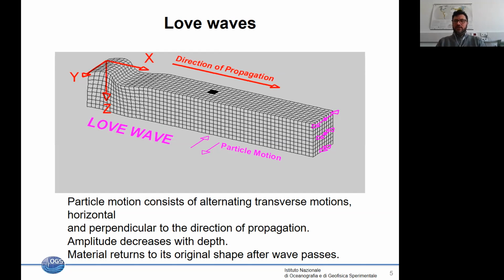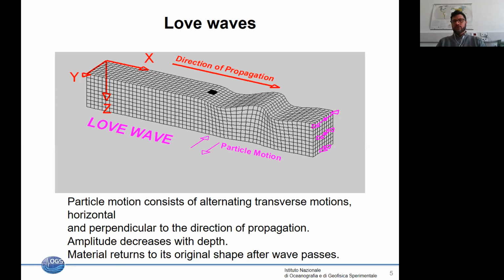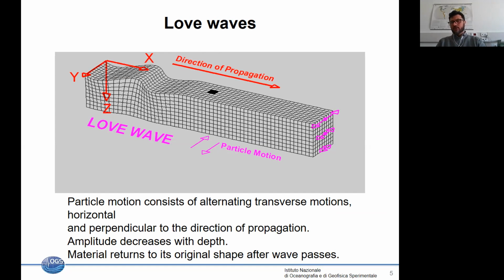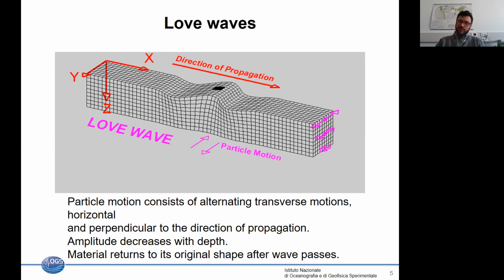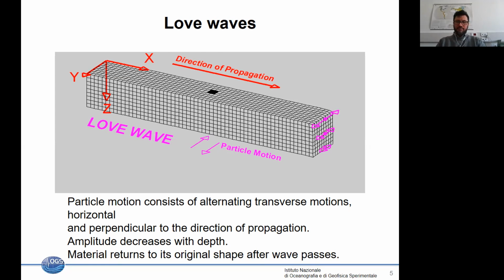Love waves generally exist in a stratified medium, so we need layering, and are mainly related to the multi-reflection of shear waves, in particular SH waves. That means shear waves polarized on the horizontal plane.